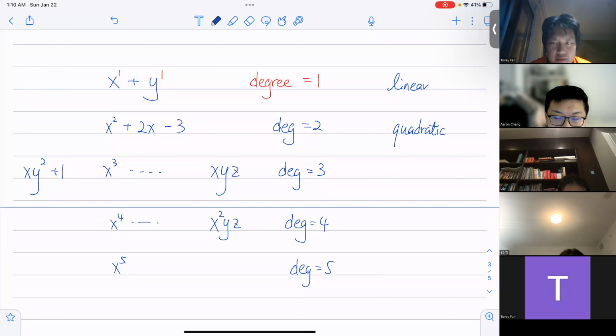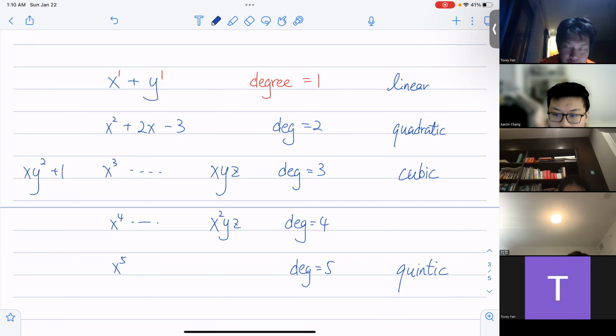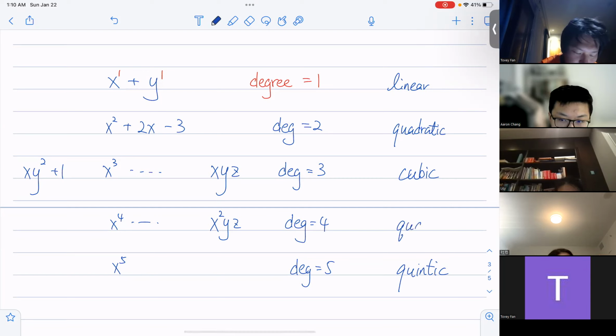It's called quintic? It's called cubic. Oh, cubic. Quintic is 5. Quintic is 5, yes. And degree being 4 is called quartic. Yeah, so those are the names.